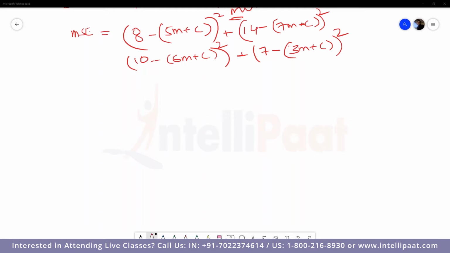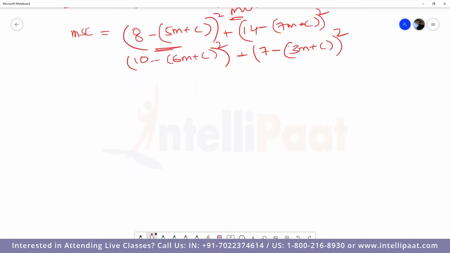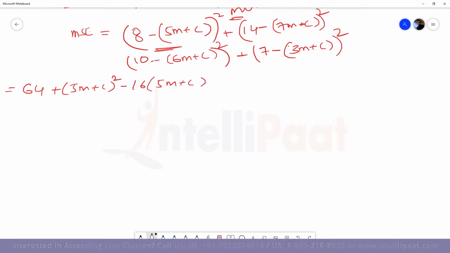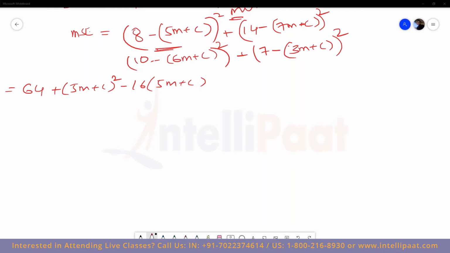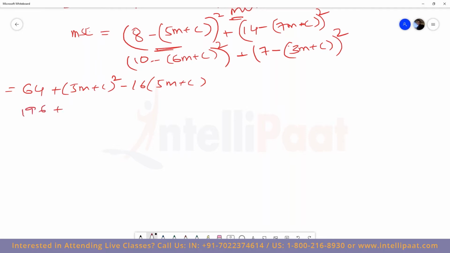So if you expand this equation out, 8 minus 5m plus c, this is going to be 64 plus 5m plus c the whole square minus 16 times 5m plus c, since a square plus b square minus 2ab. Similarly, the second is 14 square, which is 196, plus 7m plus c the whole square minus 28 times 7m plus c.